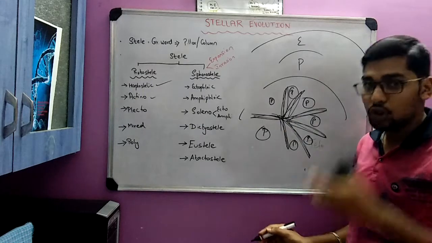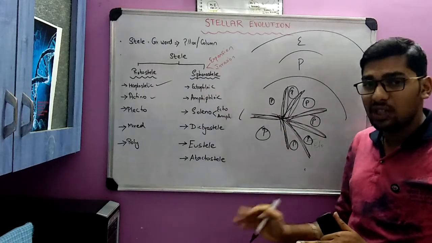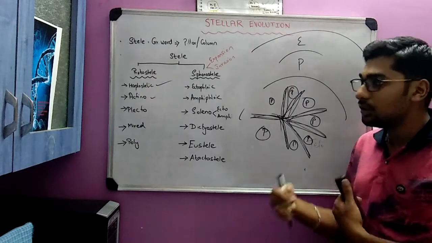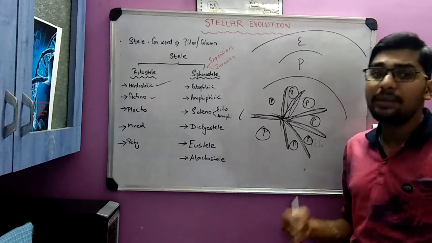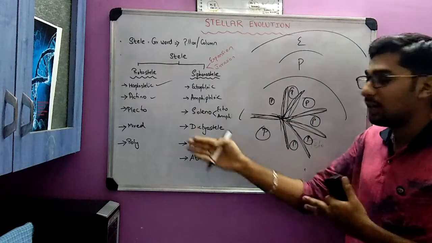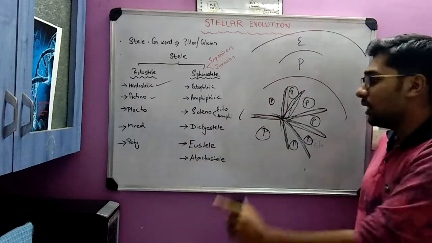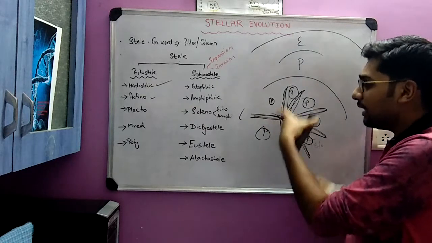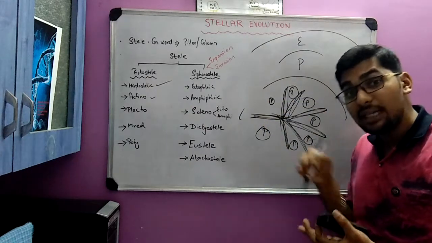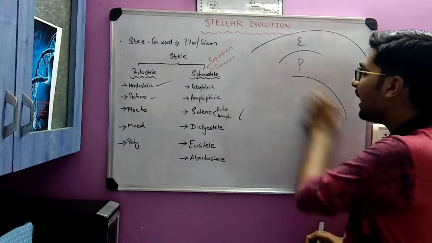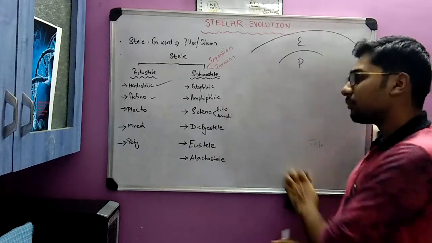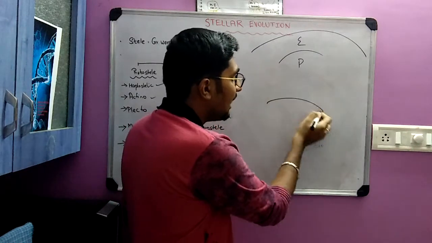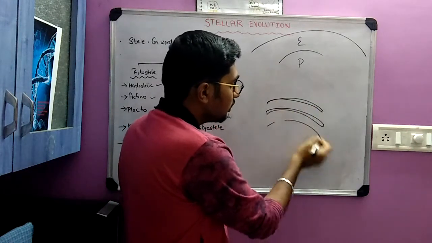As I mentioned, it is the most primitive type when compared to siphonostele. You can find examples from the lycopods or from selaginales, from the primitive members of pteridophytes. That is actinostele. Next comes plectostele. In plectostele, the furrows get still more deepened and form plate-like structures.